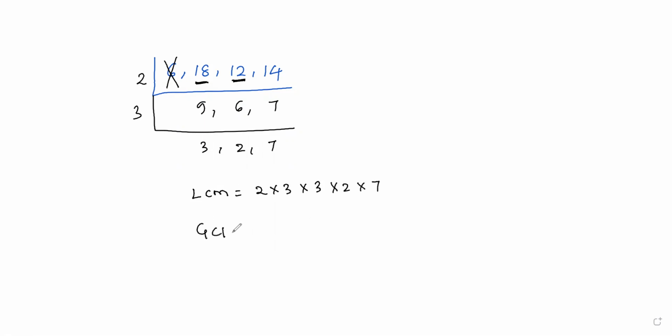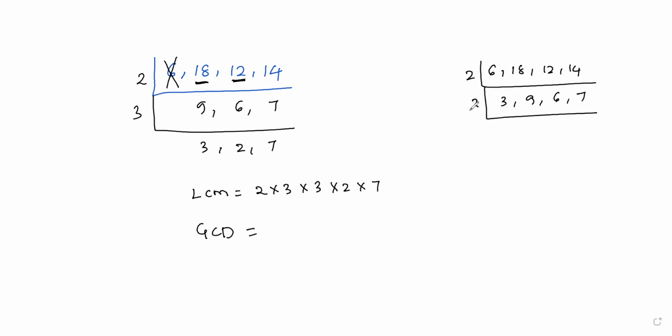If you come to the GCD, this is a very wonderful point. Come to the GCD. In the general method, if you see 6, 18, 12, 14. Take the 2 table: 3 times, 9 times, 6 times, 7 times.